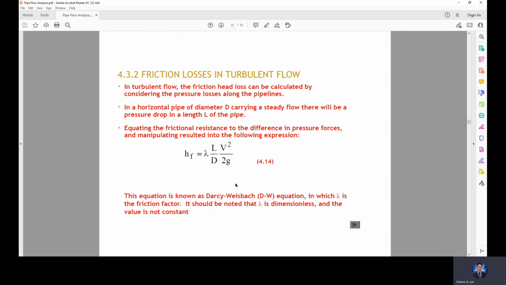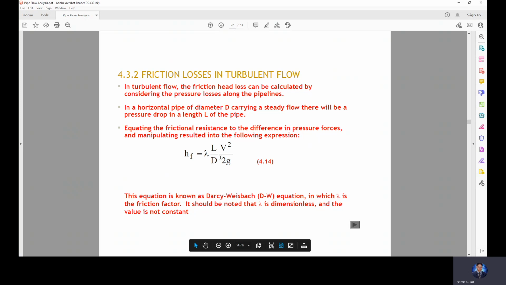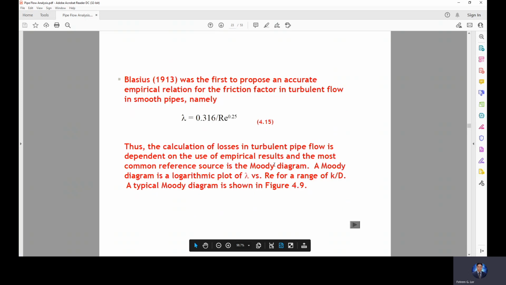This is called the Darcy-Weisbach equation for turbulent flow. For laminar flow, same equation but different approach: f is 64 over Re. So that is the equation for laminar and turbulent flow.